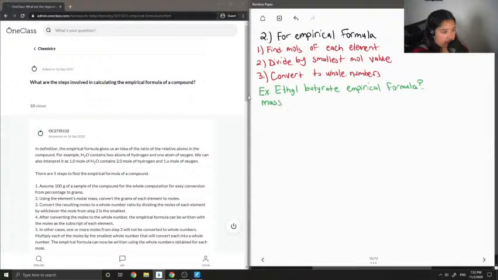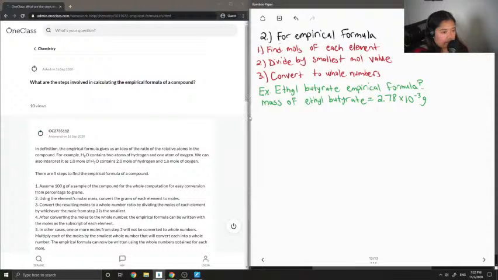For example, they'll give the mass of ethyl butyrate. Let's say it is 2.78 times 10 to the negative 3 grams.